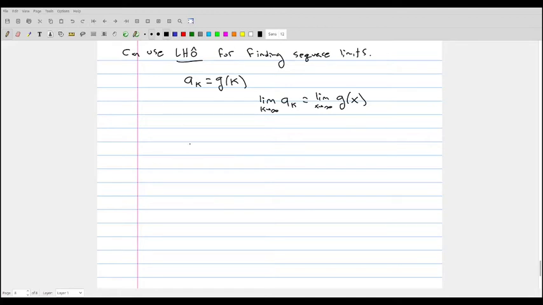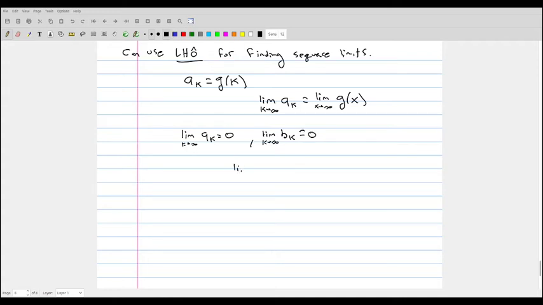So let's say you have two separate sequences, one of which is going to zero, and the other one is also going to 0. So the limit of, say, some bk sequence is equal to 0.